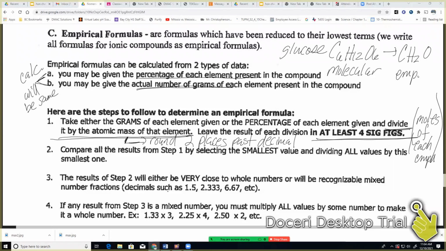So once you've done that, you're going to look at your results and select the smallest value and divide all values by that smallest one. So at this step, we're looking at the ratio of the elements to each other, which is then what we'll use as our subscripts.